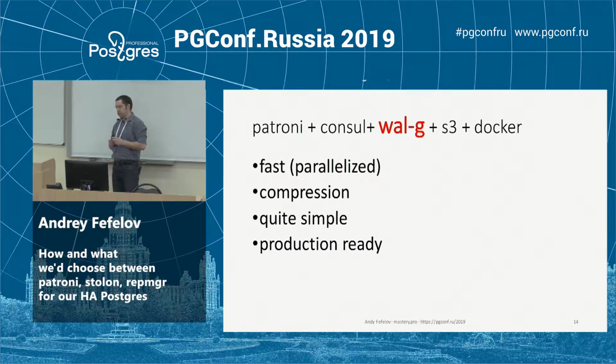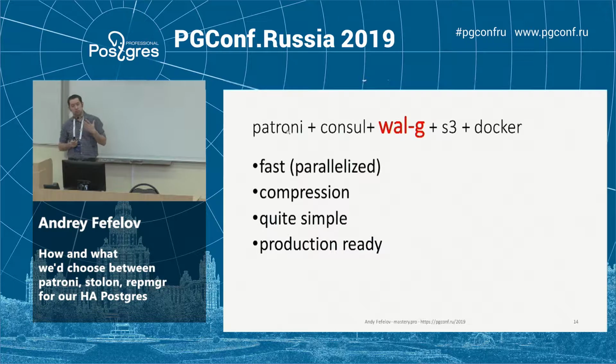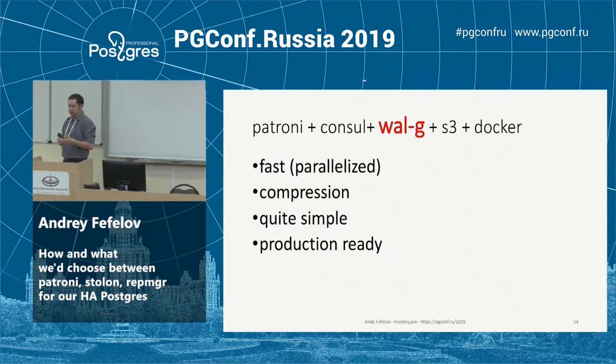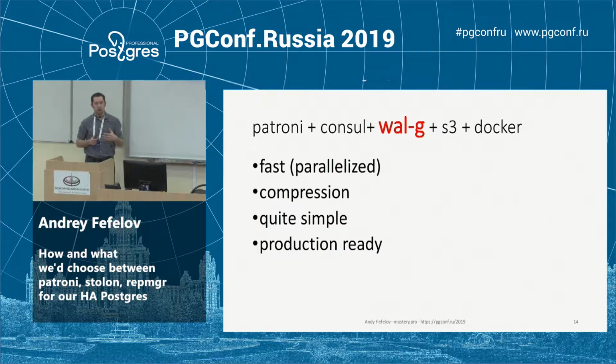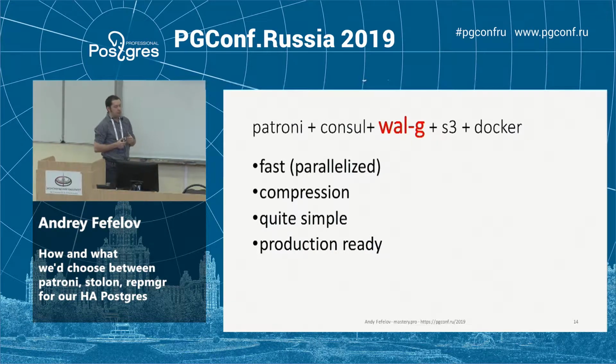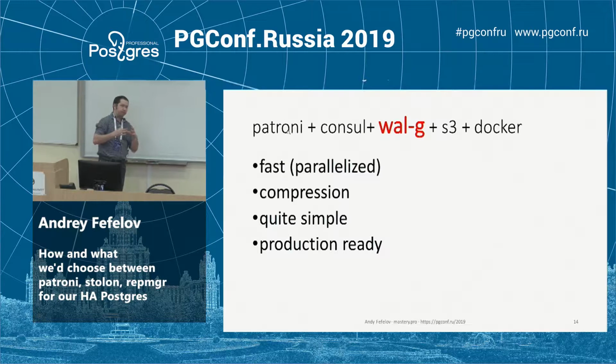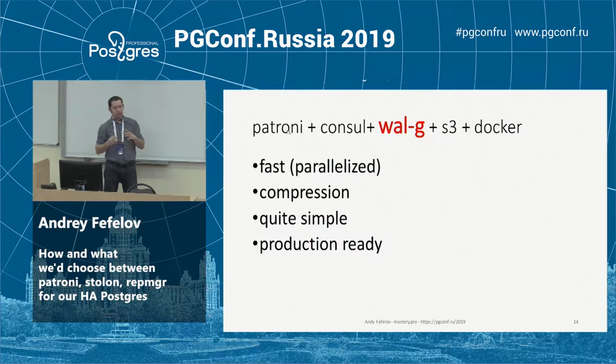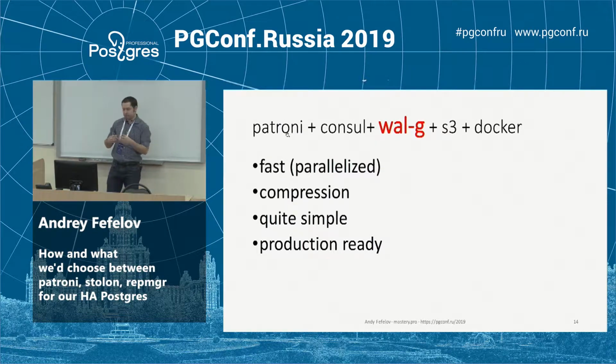WAL-G is a solution which is much faster, and it uses S3 as the storage and helps us in our setup to have very fast operation. A 4 gigabit or 8 gigabit channel could be used during the restore, and it helps us to shrink the data.